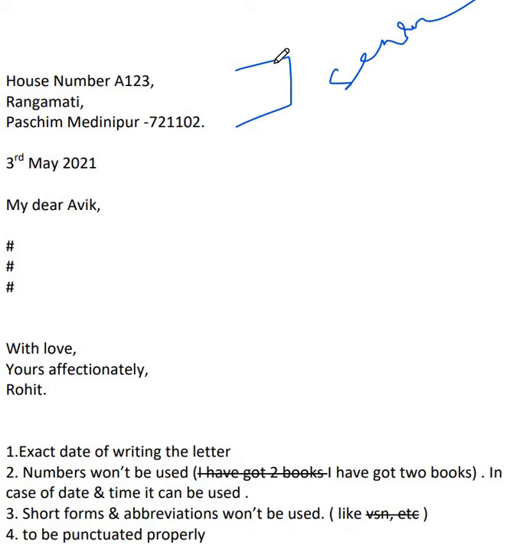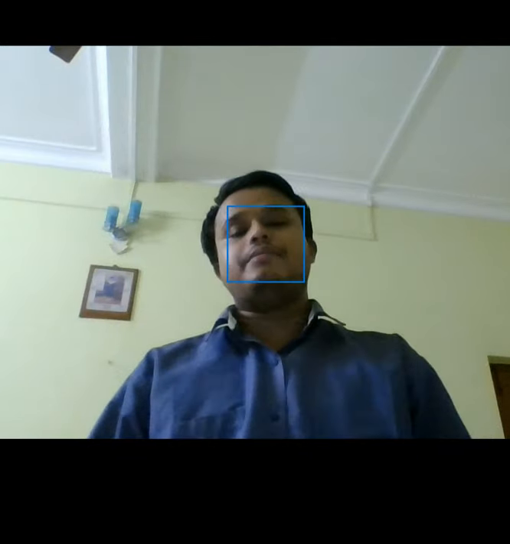Sender's address is very much important, because here you have to remember that you are writing H, house number, H and N both being capital. You are not using NO, you are writing number. If you write NO, it will be wrong. You have to use the full word. You can't use any sort of short form or abbreviation.